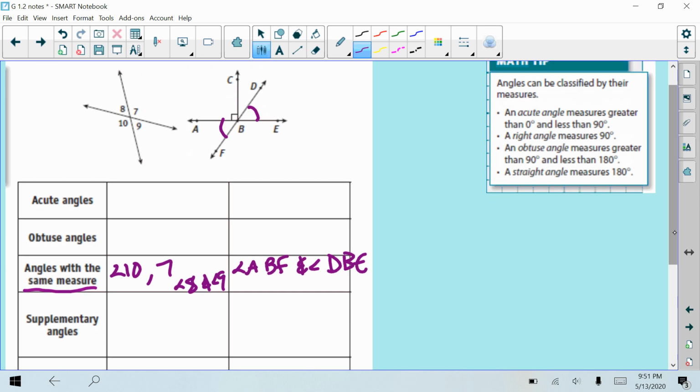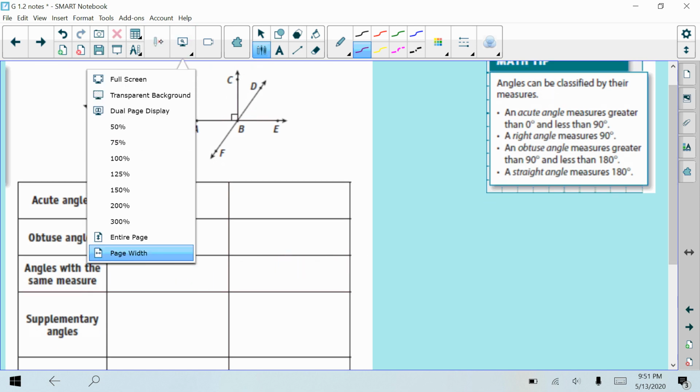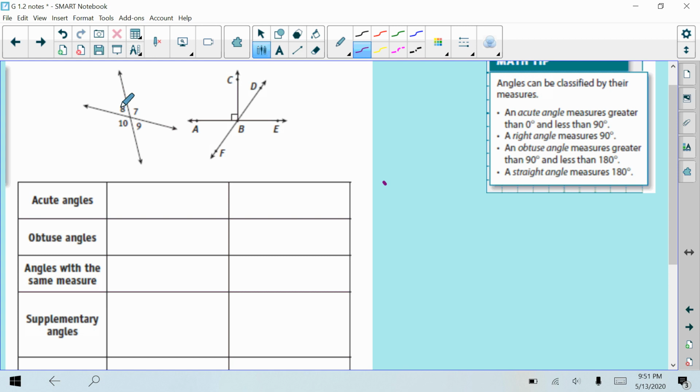Supplementary angles. Remember, angles that add up to 180. So 8 and 7 add up to 180. Or you could do angle 8 and 10 add to 180. I know the directions say all of them, but we're not going to list all of them.